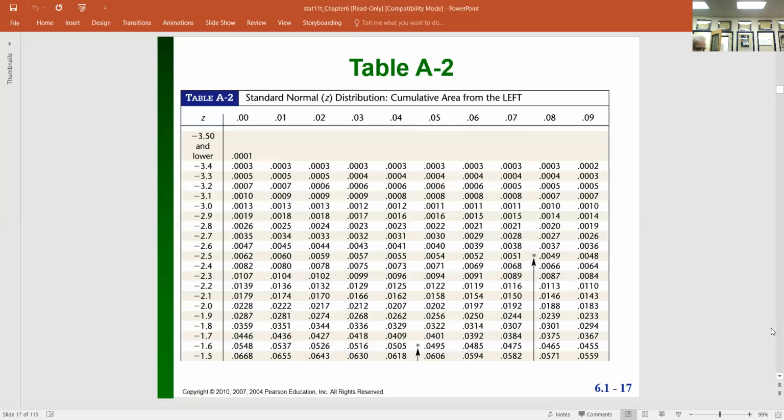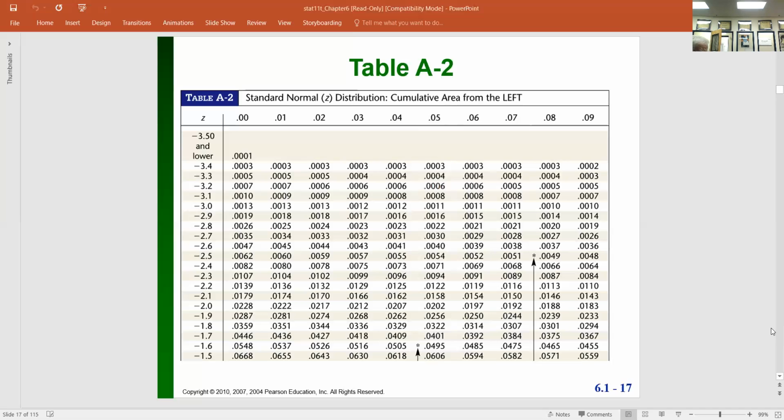So 58.99% of adults would be expected to have an IQ between 90 and 115, which also tells us that 41.01% have an IQ either below 90 or above 115.